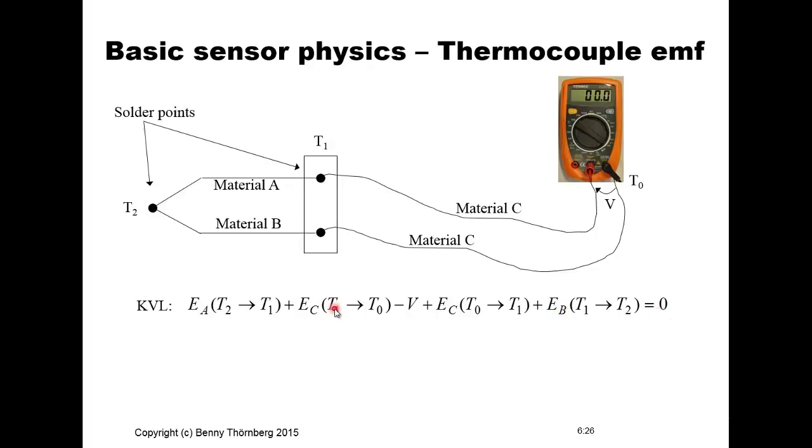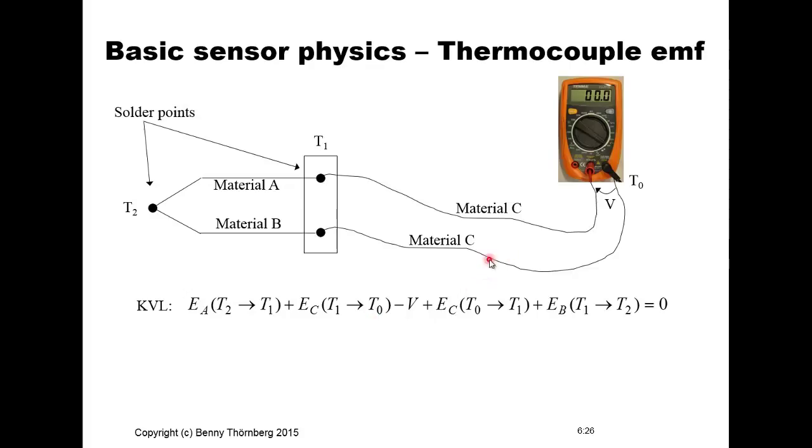Now, if you look at the potential difference over material C from T1 to T0, I think we can agree that this should be equal to minus the voltage over material C from T0 to T1, which we have actually on the other wire.